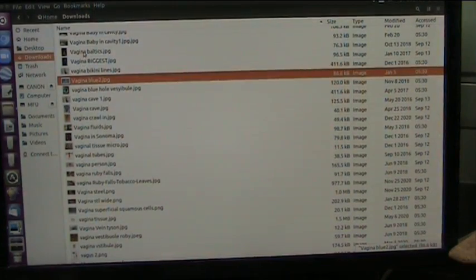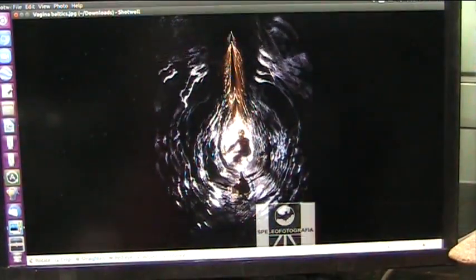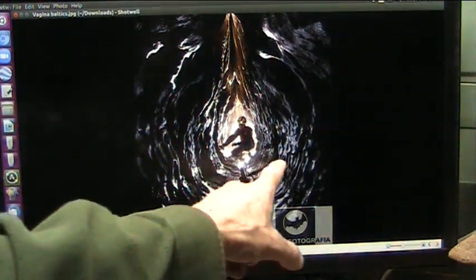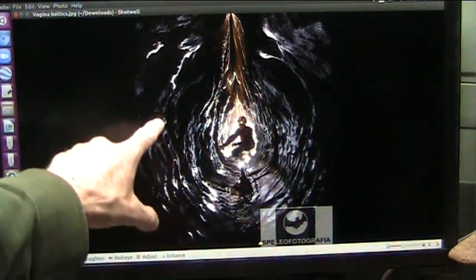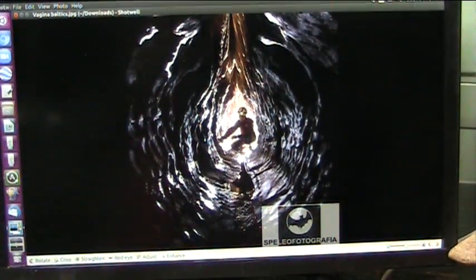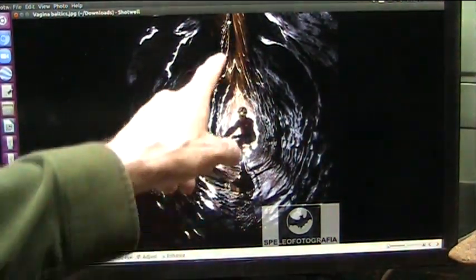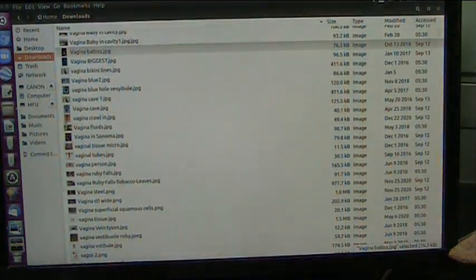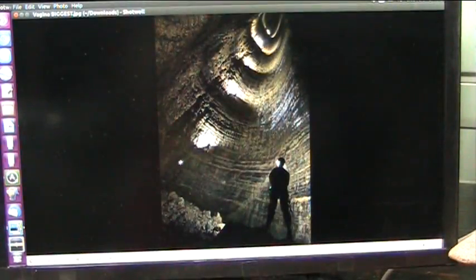Now this one here, look at it. This is in the Baltics. This is a vagina. This is what they call the vaginal ripples, and they have this little surface to them, that structural fabric, and of course that's the vegetal seam. Now I'm going to show you the biggest one that I have found, and I've been looking around at a lot of vaginas, and that is a good size vagina.